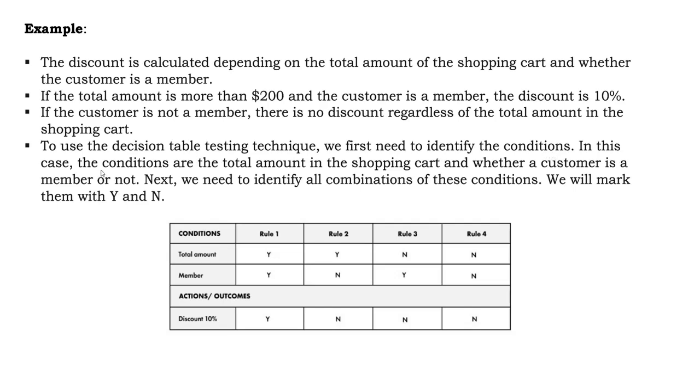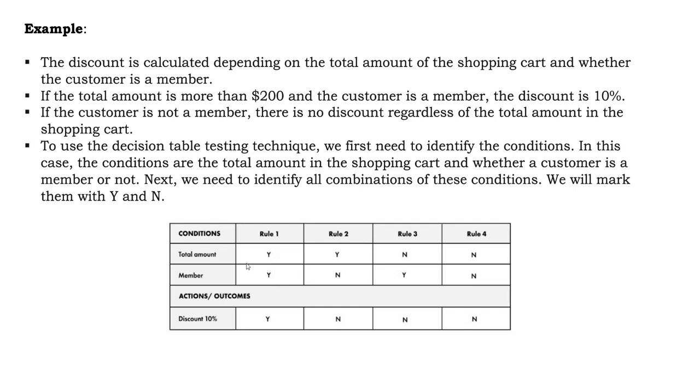To use the decision table technique, we first need to identify the conditions. In this case, the conditions are the total amount in the shopping cart and whether the customer is a member or not. Next, we need to identify all combinations of these conditions. We will mark them with yes or no. So, for example, let's say the total amount is 200 and the customer is a member.